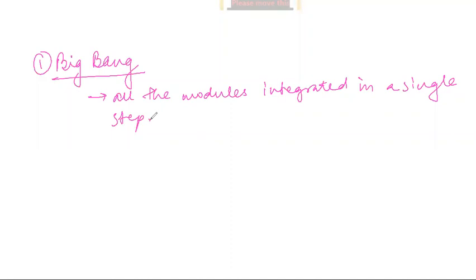But this technique is meaningful only for very small systems. The main problem with this approach is that once a failure has been detected during integration testing, it is very difficult to localize the error, as the error may potentially lie in any of the modules. Because when you are not applying a step by step procedure and you combine all the unit tested modules together and test them at one go, then when errors are detected, it is very difficult to localize which particular segment of the software has given this error.